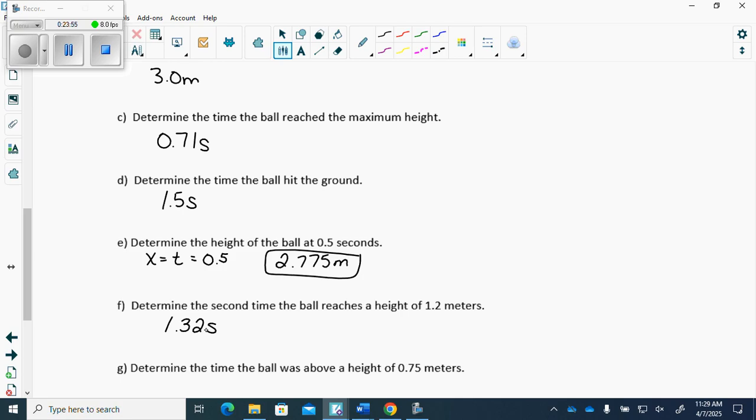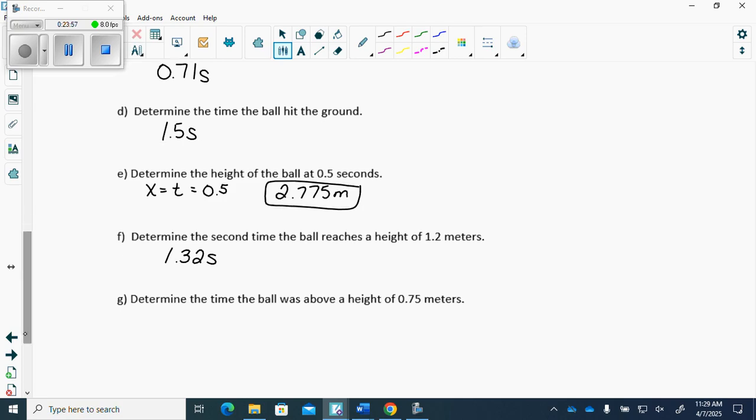Determine the time the ball was above the ground at 0.75 meters. So once again, that is y2. There's just only one time that happens. Second trace 5.